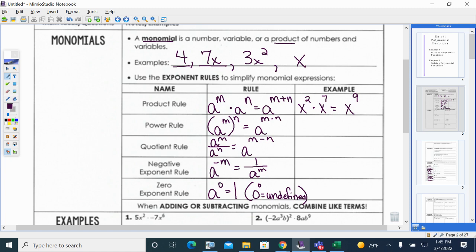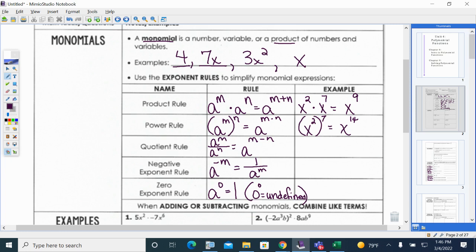The next rule is called your power rule. A to the m is being raised to another power, which is the nth power. And to find that answer, you're going to multiply those exponents. So you get a to the m times n. So for example, if I have x squared and I want to raise that to the 7th power, it's going to be x to the 14th power because, again, you multiply those exponents.